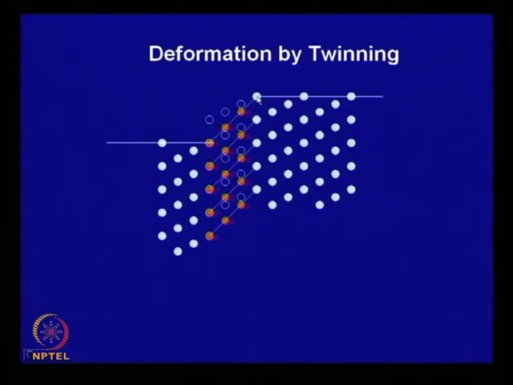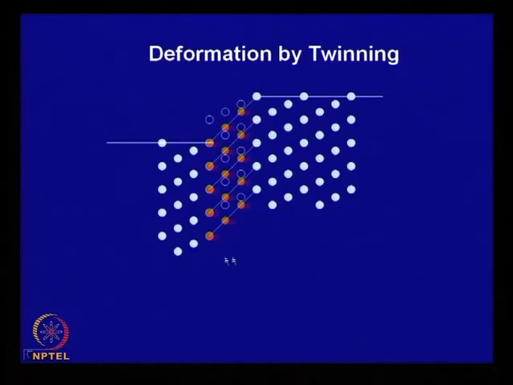Now, look at the atomic arrangement across the plane. If you join these, this is normal, and this distance and this distance are equal. So, this is a mirror image, a reflection of this. Exactly the similar relationship holds for every part. This atom which is further down here, this distance and this distance are the same.